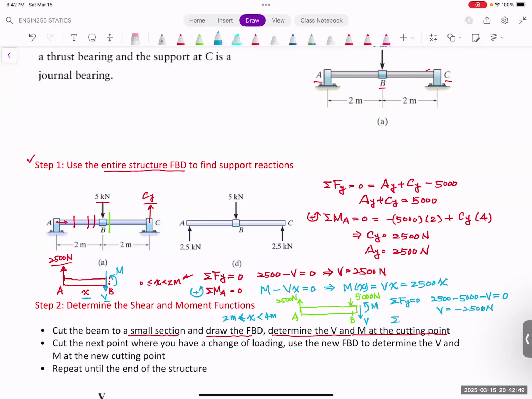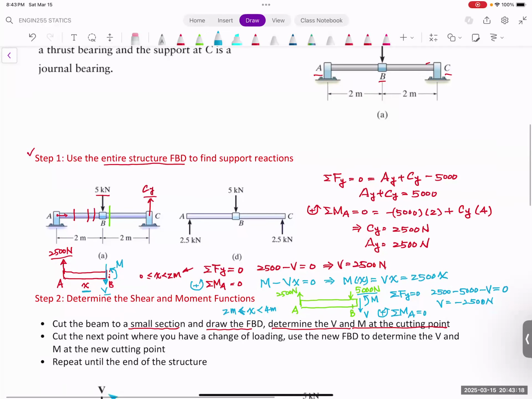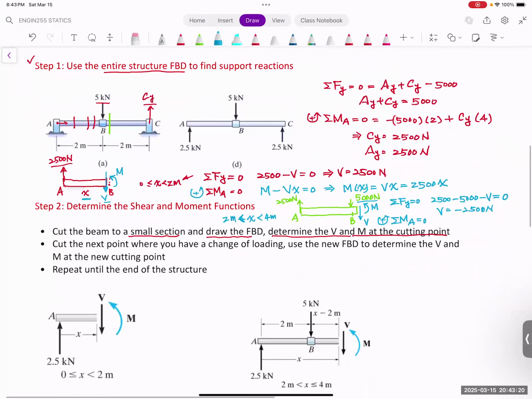We also can do the summation of moment, and we can do it at point A or point B. Let's do point A again, so that will be equal to 0. And the force that will create the moment is going to be this one here. So we have, and then let's make this one to be positive.